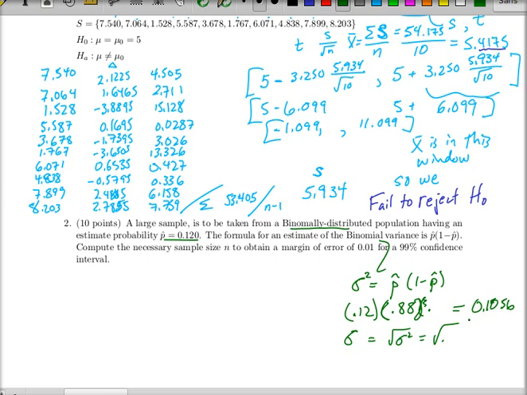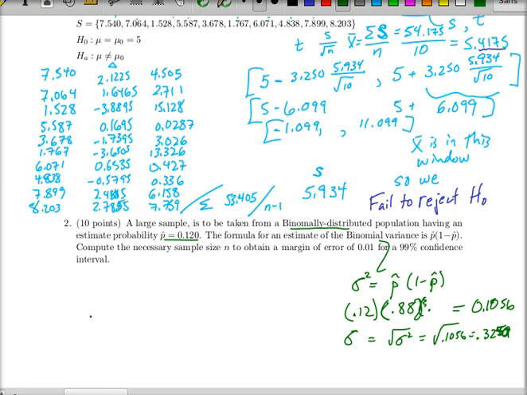There we go. 0.1056 is going to give me 0.3249. There we go. And let's build.